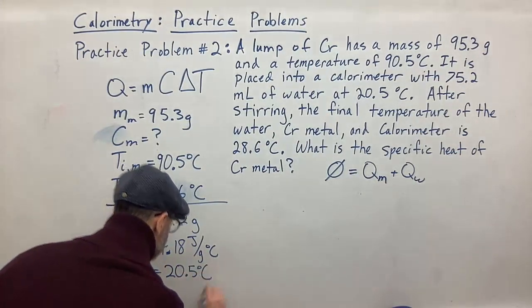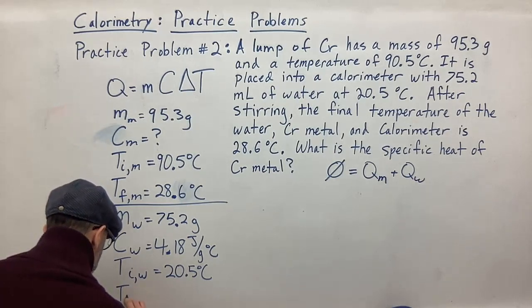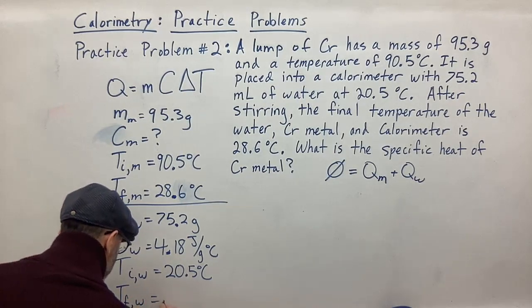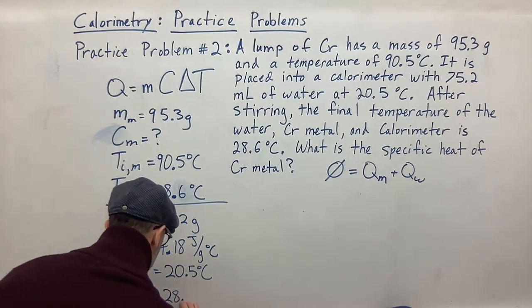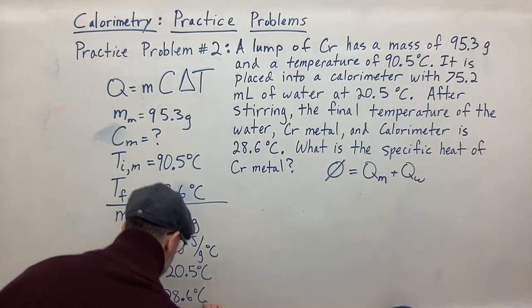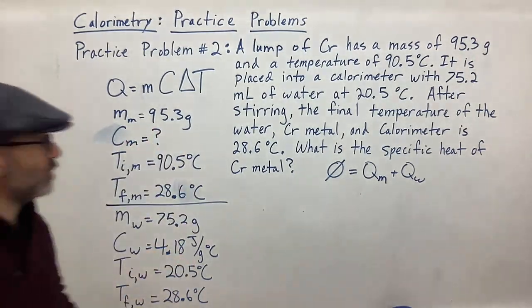And then our final temperature of the water is the same as the final temperature here, 28.6 degrees Celsius. Okay, so we've got our information. Now we just plug it in.